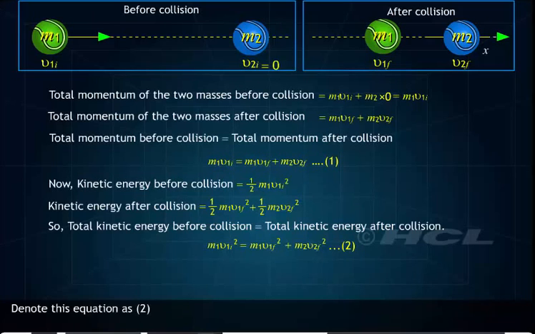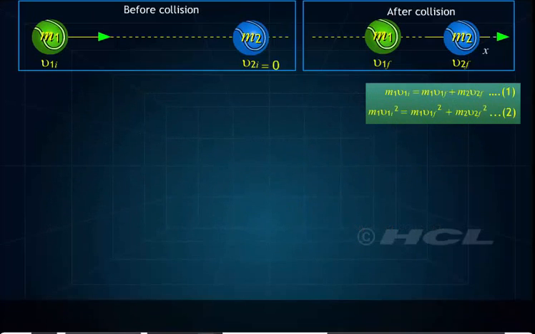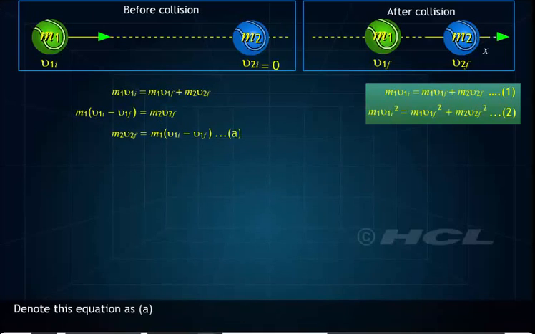Denote this equation as 2. Now we can rewrite equation 1 as m1 (v1i minus v1f) equals m2 v2f. So m2 v2f equals m1 into (v1i minus v1f). We denote this equation as A.